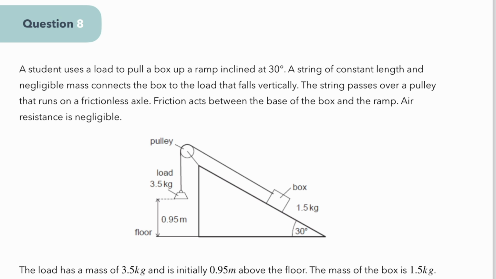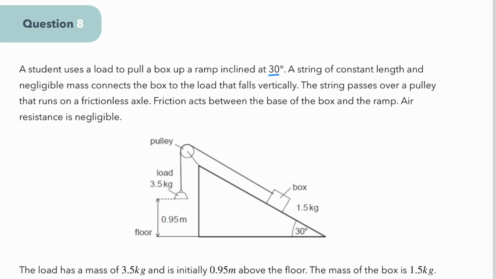Final calculate question. A student uses a load to pull a box up a ramp at an incline of 30 degrees. A string of constant length and negligible mass connects the box to the load that falls freely. The string passes over a pulley that runs on a frictionless axle. Friction acts between the base of the box and the ramp.